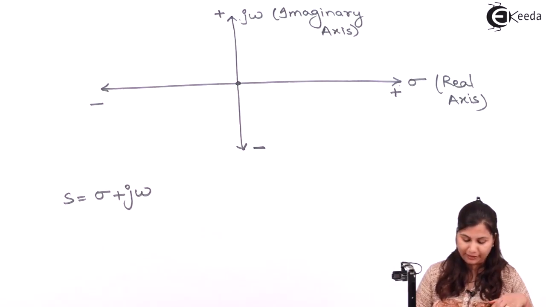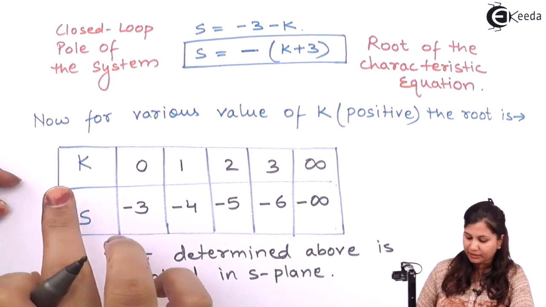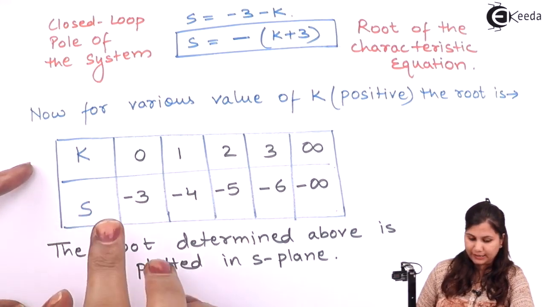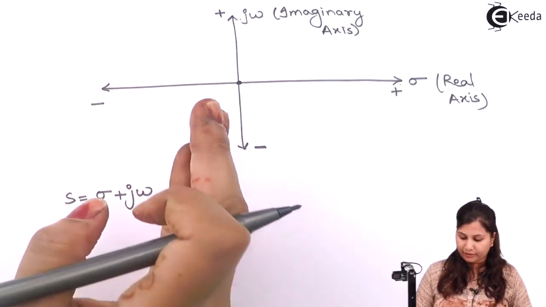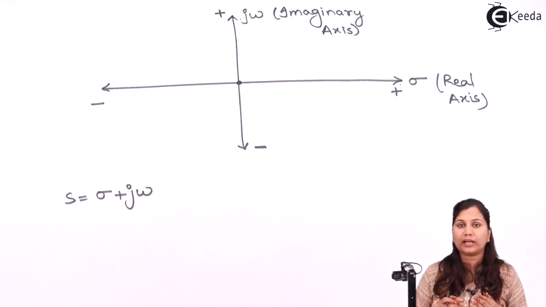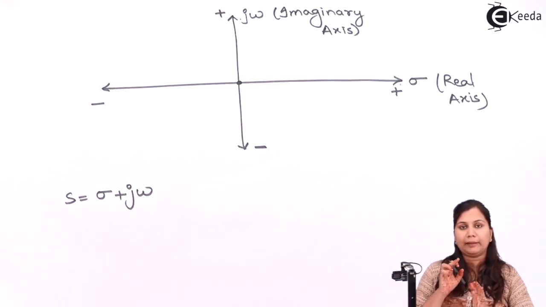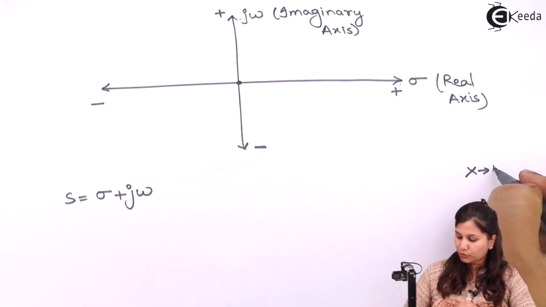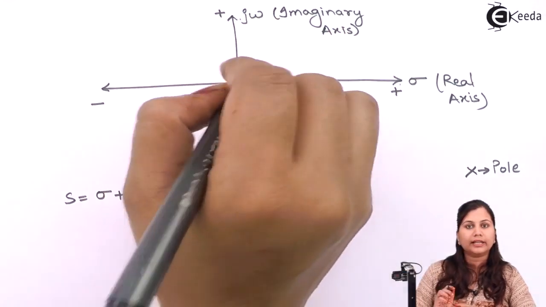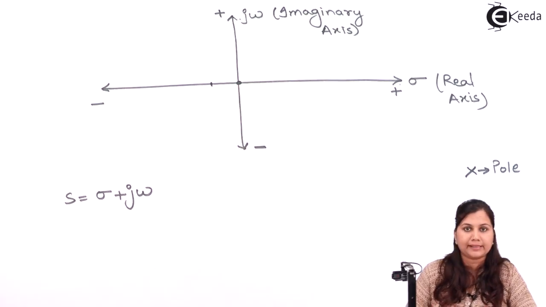Now let's see the table again. For K equals 0, S equals minus 3. So we will plot this pole here. Because it is a root, and a root is also known as a pole, and we know that whenever we plot a pole on the S plane, we denote it with a cross. A cross is used to denote the pole on the S plane. So here we have S equals minus 3.